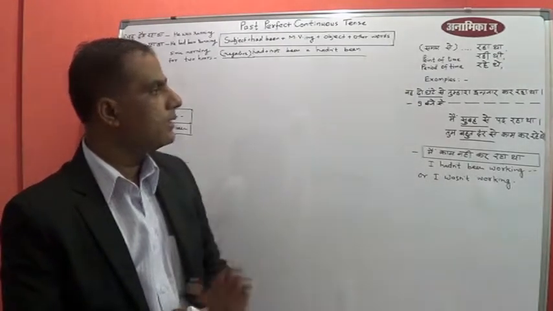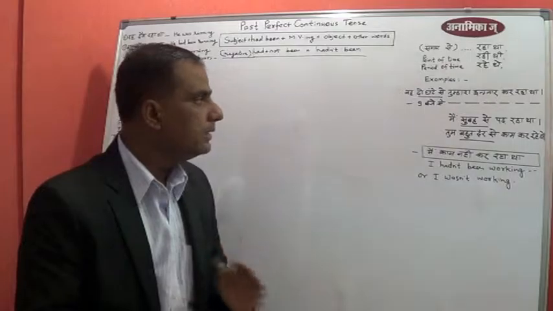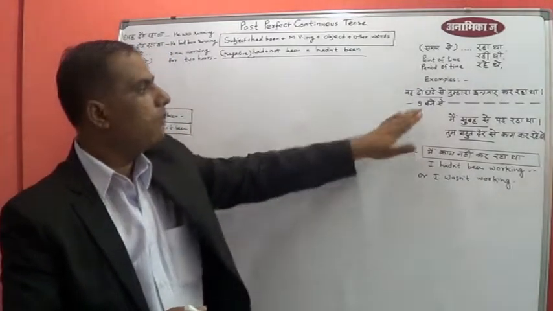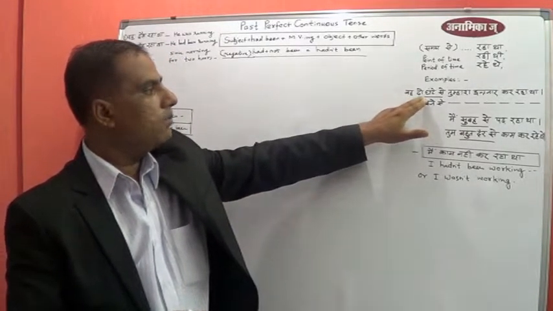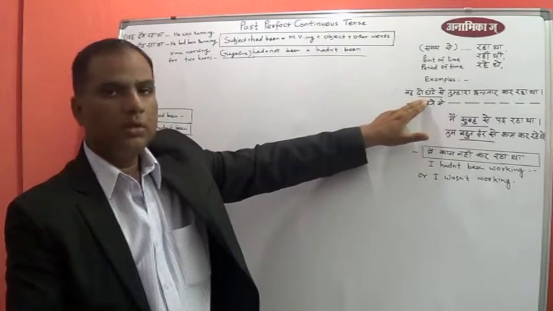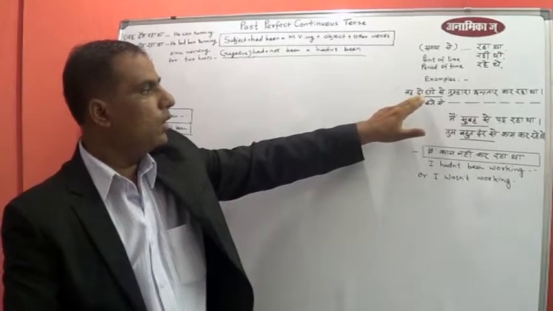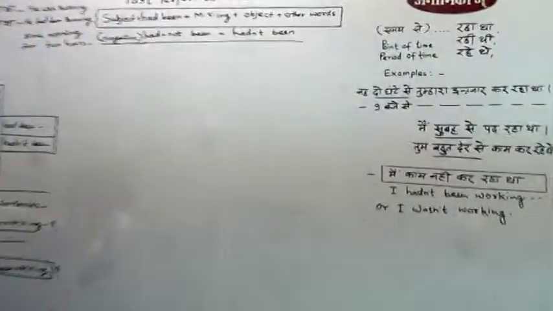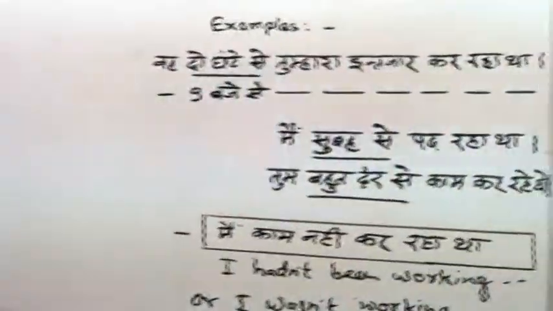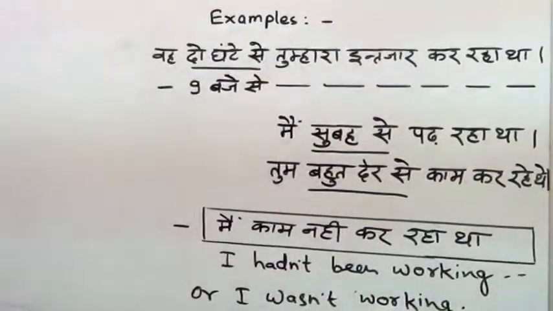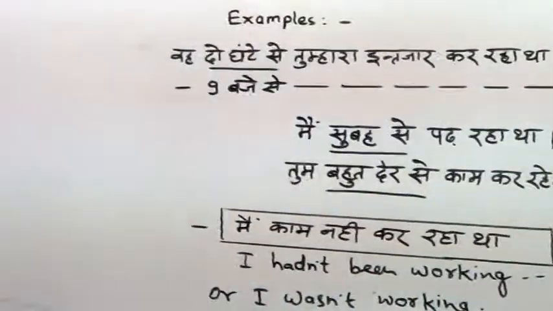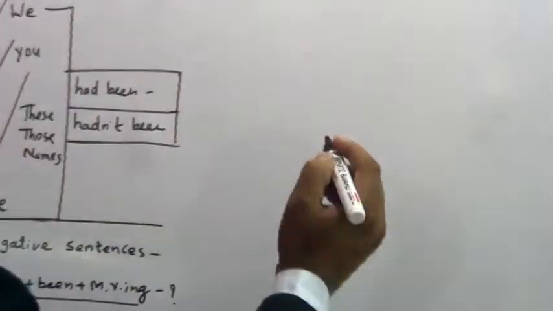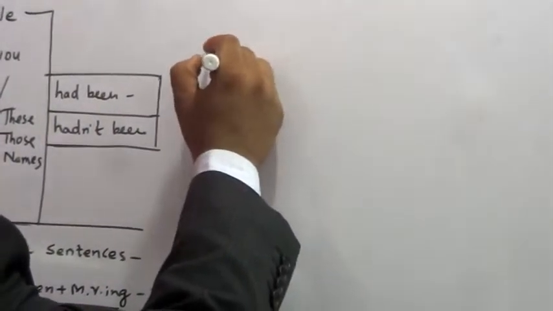वह 2 घंटे से तुम्हारा इंतजार कर रहा था. Now because of this mention of 2 hours, यानी कि 2 घंटे, this sentence belongs to past perfect continuous. Now let's see how to make this sentence. So वह 2 घंटे से तुम्हारा इंतजार कर रहा था.